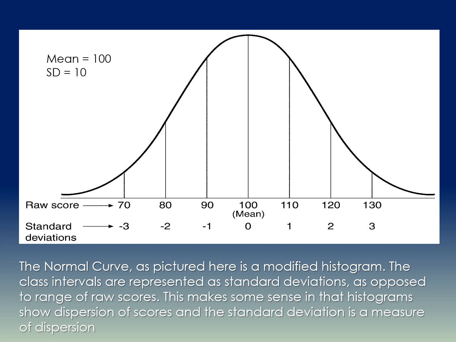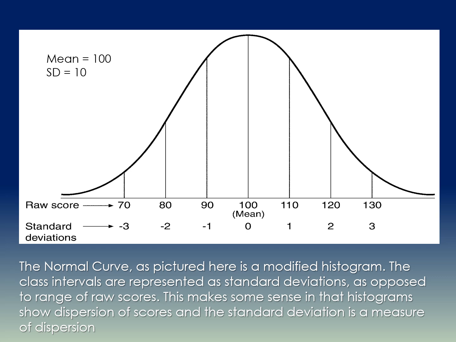Well, we're doing the same thing with the normal curve, except the class intervals now are not the raw scores. The class intervals are set in terms of standard deviations. And actually that makes sense because the standard deviation really is a measure of dispersion, and the normal curve shows us this dispersion of scores. So we should use the appropriate units. That kind of makes sense.